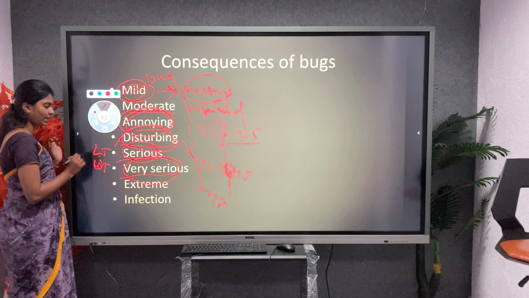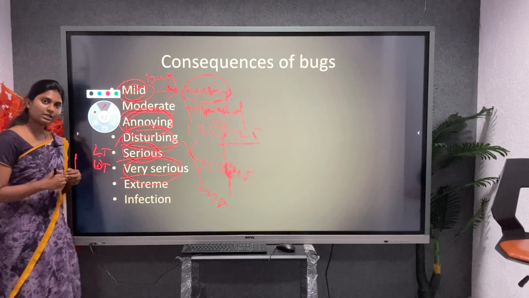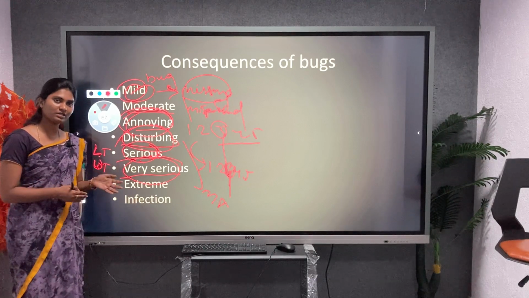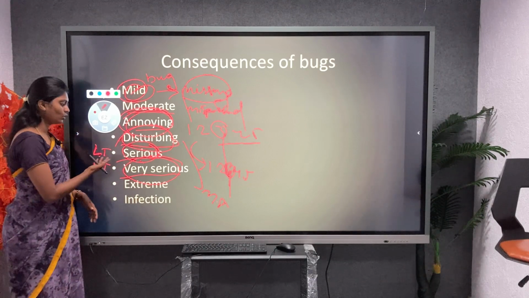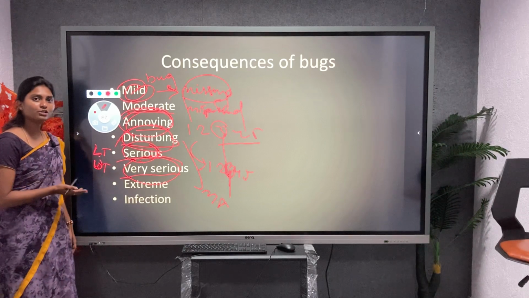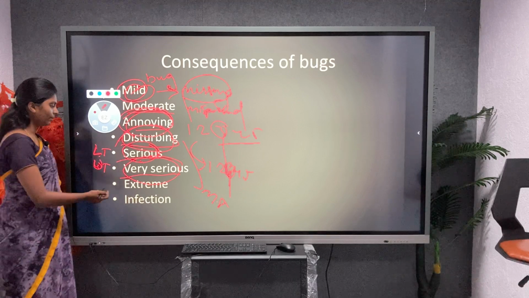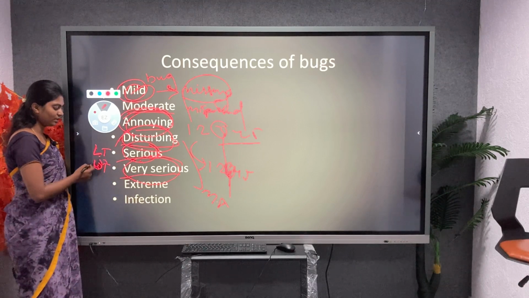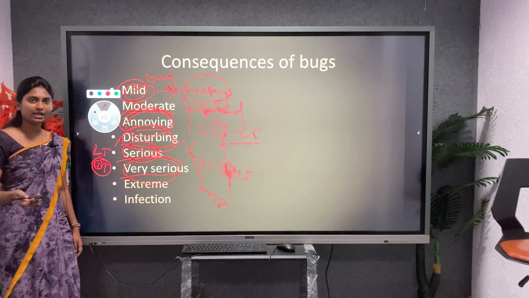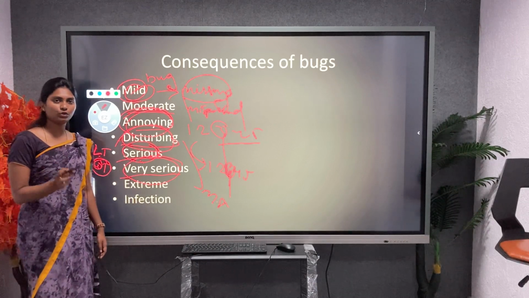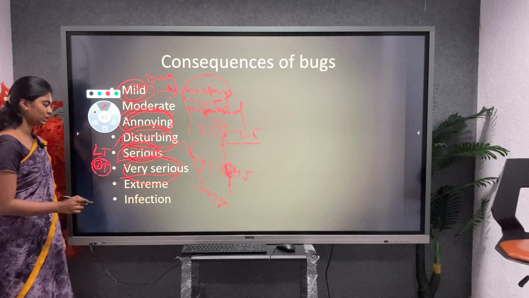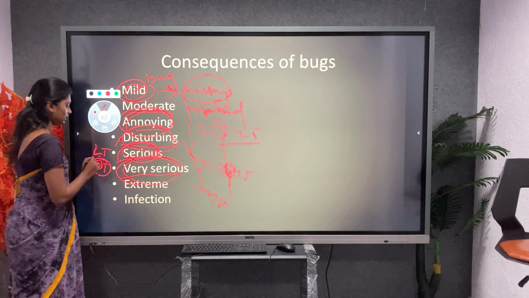Loss of transactions means that while information is passing from one system to another system, there is no data to transfer. So no data means loss of transaction will occur. Coming to very serious, worst transactions means unwanted data must not pass to the other transactions, which also leads to a bug. So serious is nothing but loss of transactions, and very serious is nothing but worst transactions.